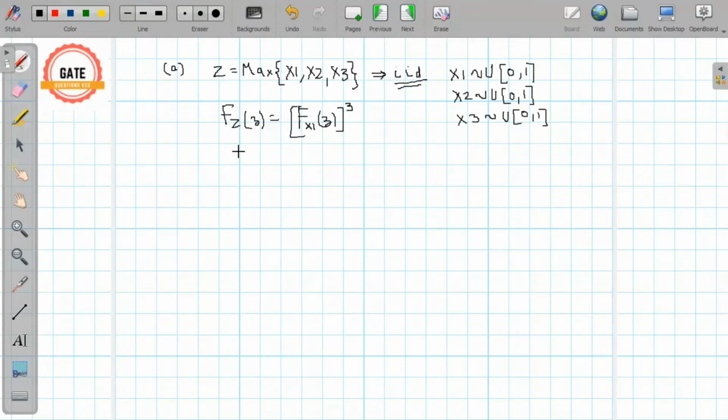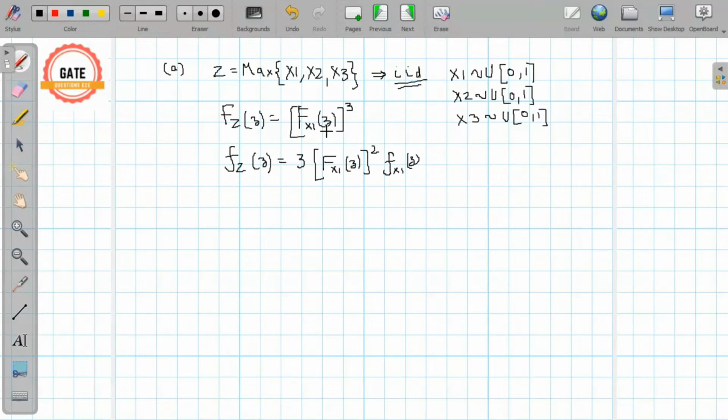The PDF of z we can get by differentiating both sides with respect to z. So differentiation of this will be 3 times the CDF of x1 raised to power 2 times the PDF of x1.